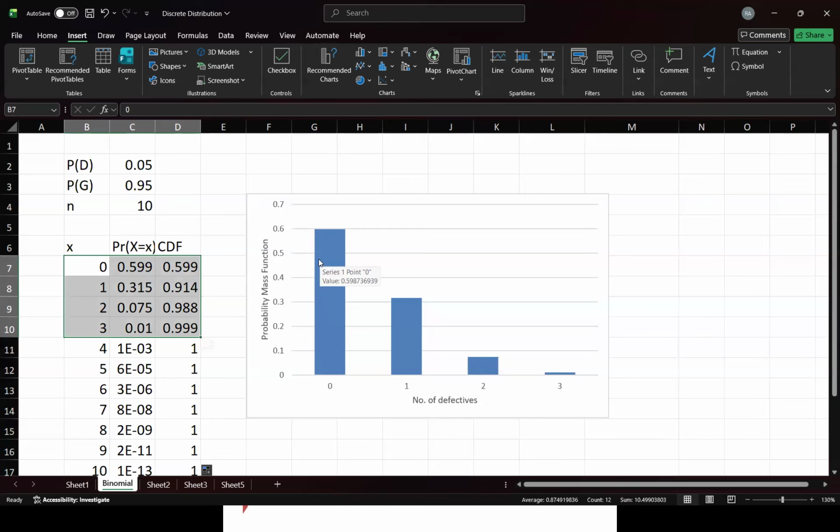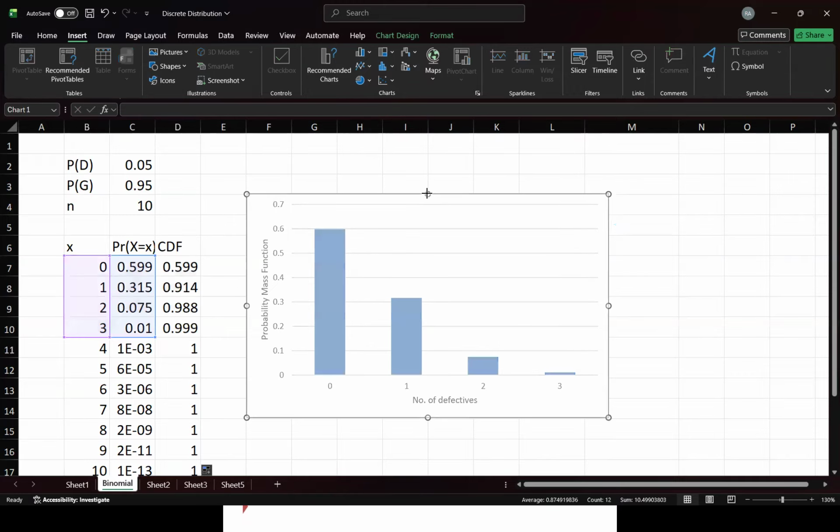So the distribution is a positively skewed distribution, it is right skewed. We have a longer tail towards the higher values. So the higher probabilities are shifted towards the lower values.